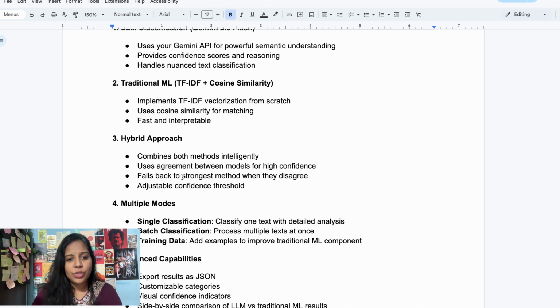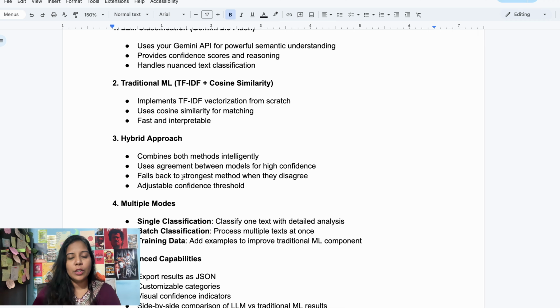So the hybrid approach combines both methods intelligently, and uses agreement between models for higher confidence. Based on the sensitive part like frequency, it understands the importance of a particular word and classifies based on that. Because when it comes to sentiment analysis, it should understand the tone of a user.